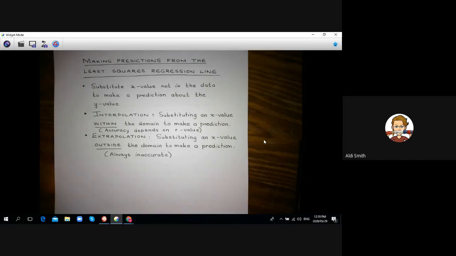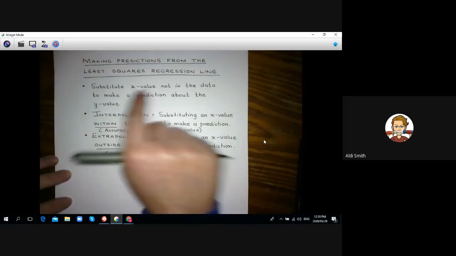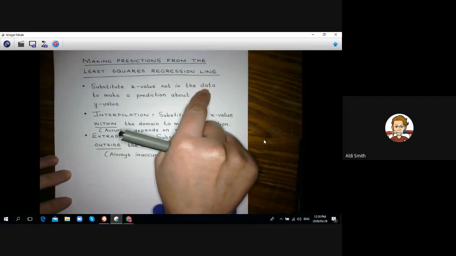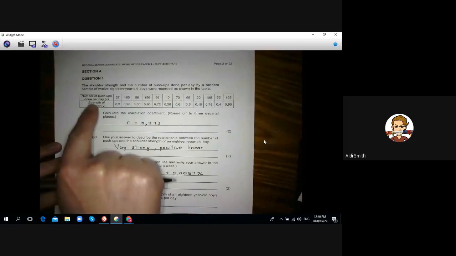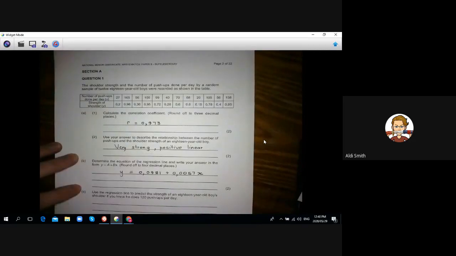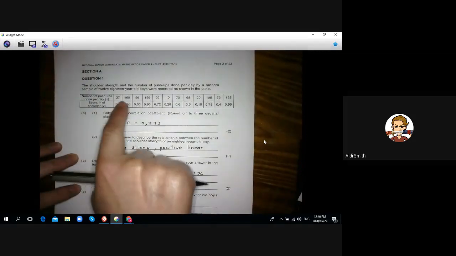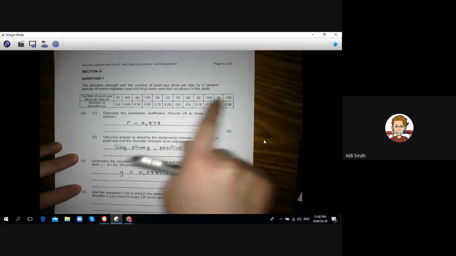There's a correlation between X and Y. So logically speaking, I can substitute any X value that is not in the data. So for instance, if I look at this original data, there was no boy that could do 35 push-ups. As you can see, there was no 35 push-ups over there.